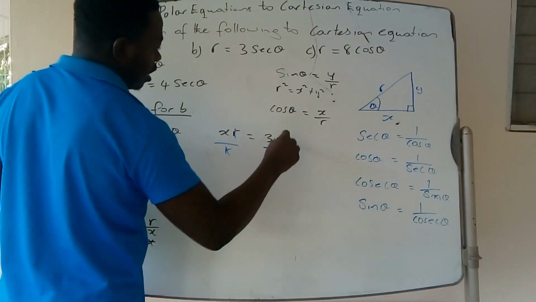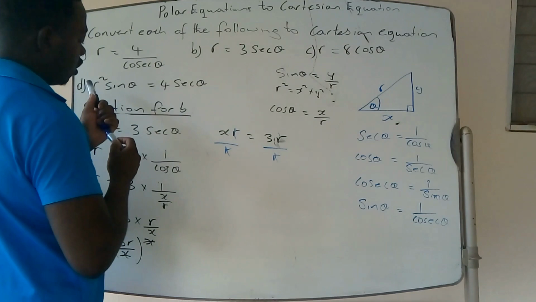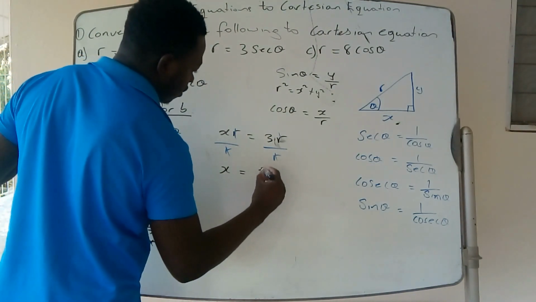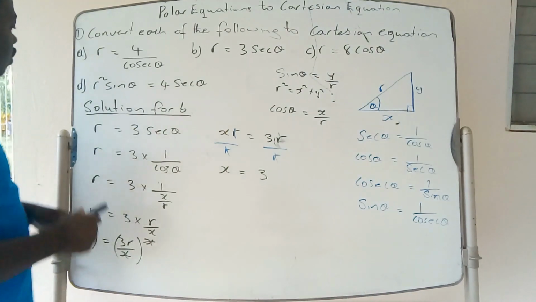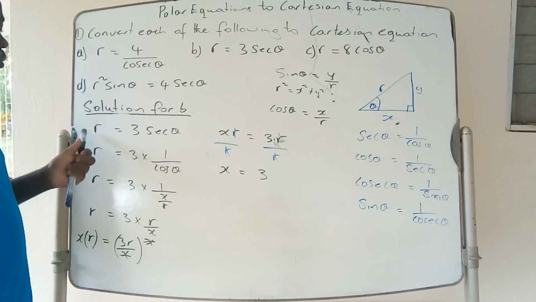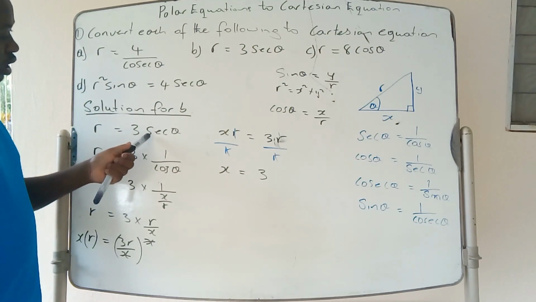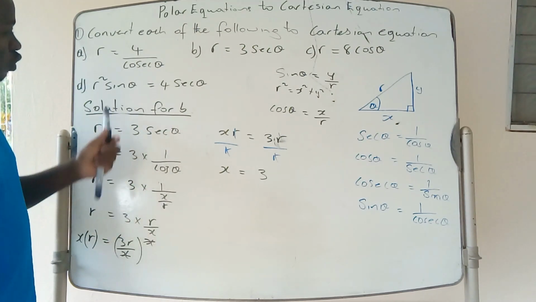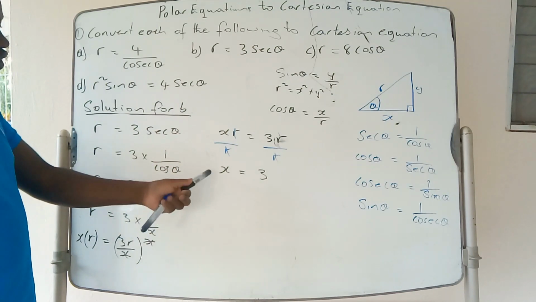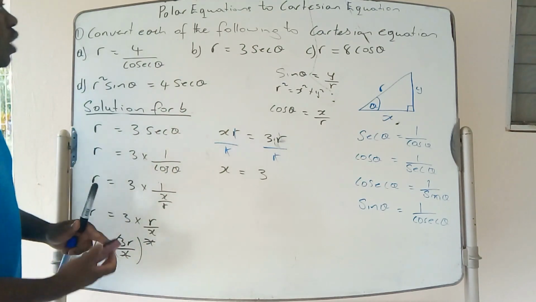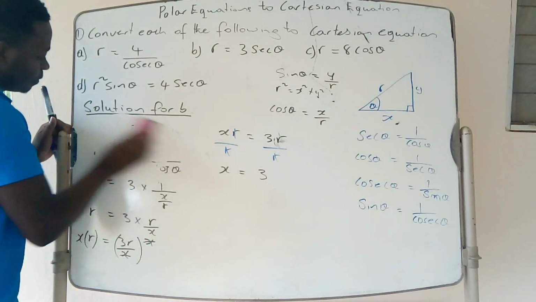The r cancels out, so all we're left with is just x equals 3. So when you convert this polar equation, r equals 3 sec theta, to a Cartesian equation, that's just x equals 3. Okay? So let's look at part C.